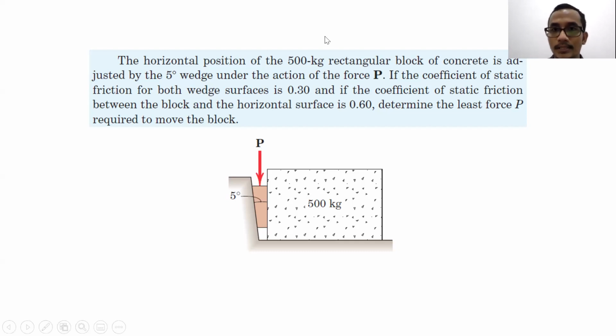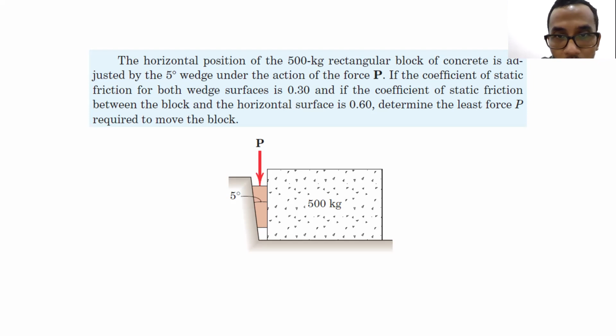For this particular problem, it's quite standard, right? As usual, you have to analyze the wedge and you have to analyze the weight as well. So the first thing that you're supposed to do is to draw the free body diagram of the weight and the wedge. One thing that you have to be very careful about here is that the problem has two different friction coefficients.